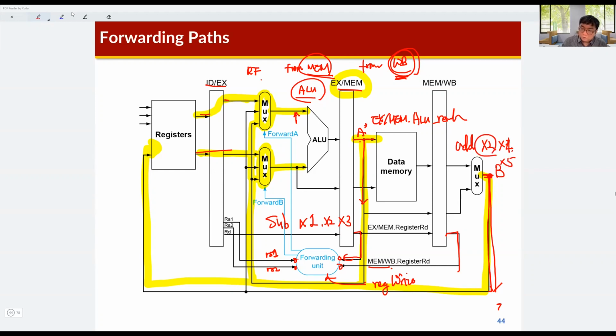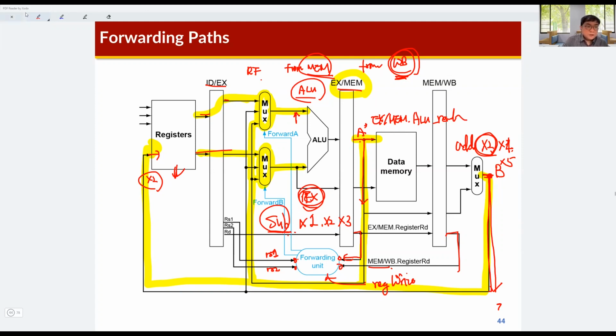You can find that x2 is being written back to the register file, but the following sub instruction is already located in the EX stage, so this sub cannot receive this data.